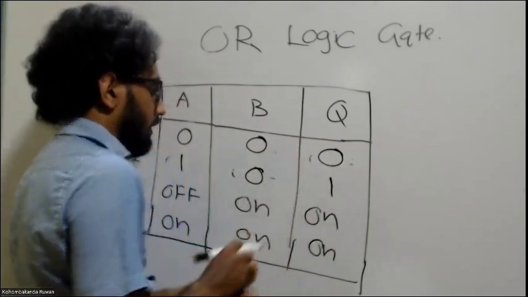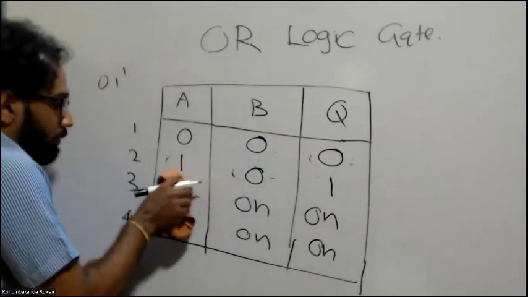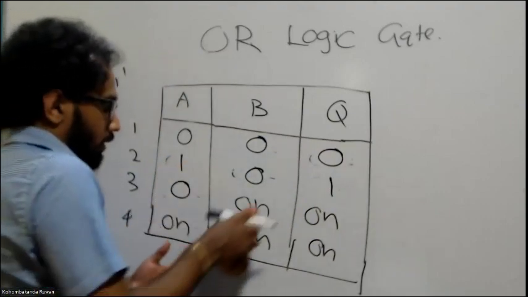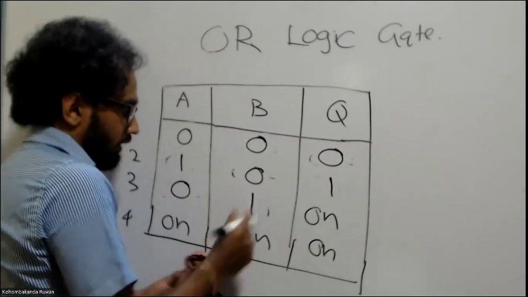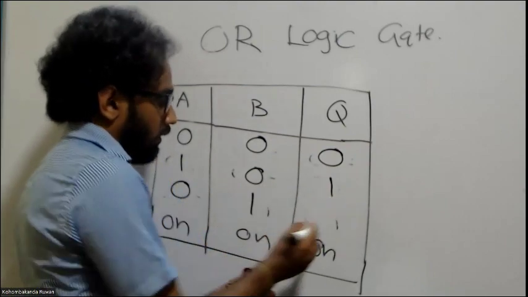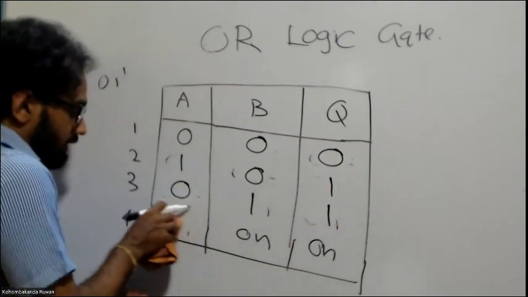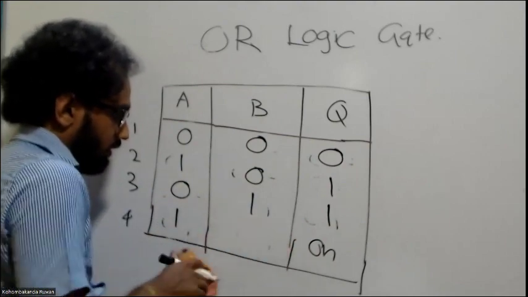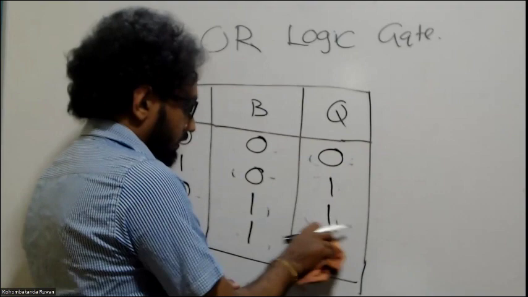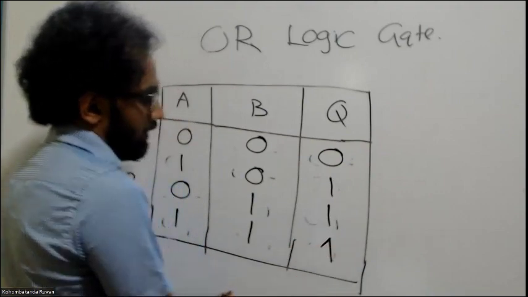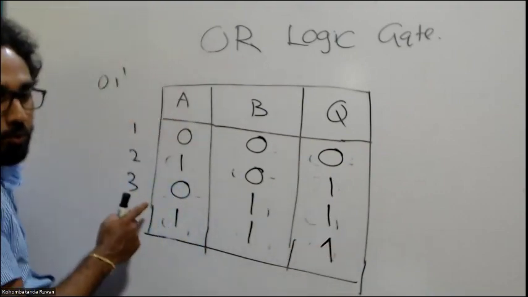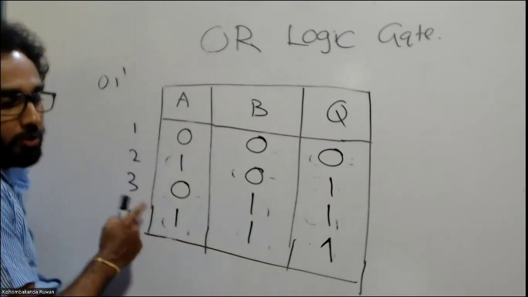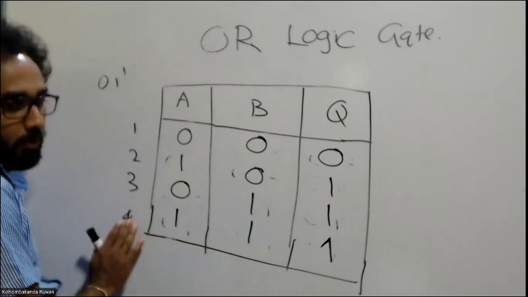Here, OR means 0, OR means 1, OR means 1. Final state 1, 1. This is the truth table for the OR logic gate. This is very important today.